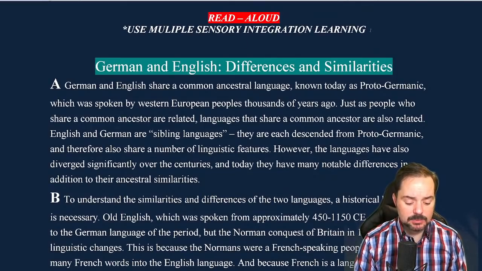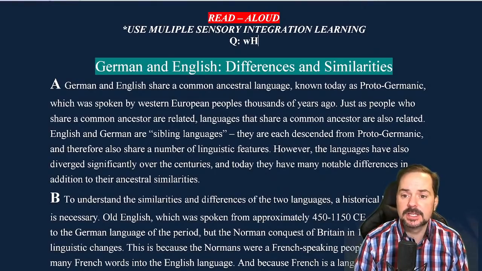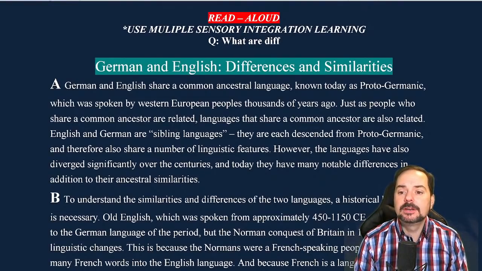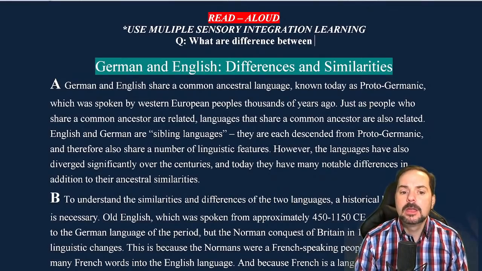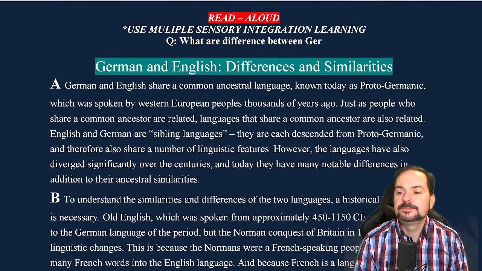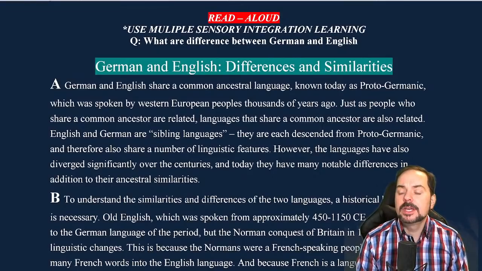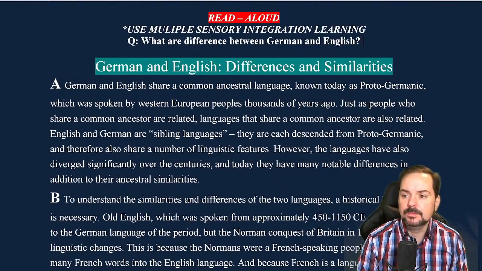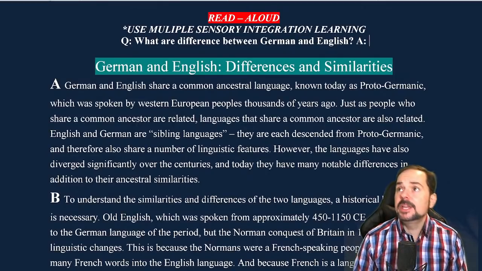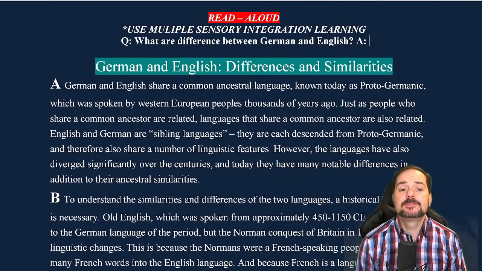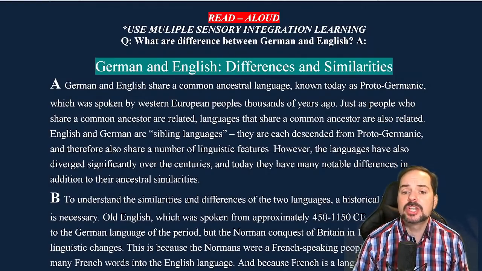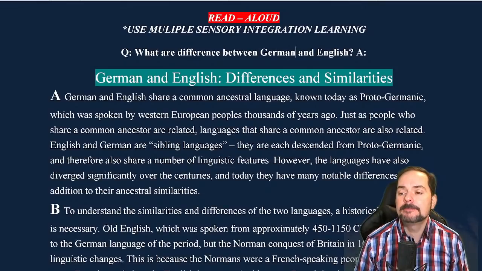So I want to ask some questions, and a question that I can ask here, for instance, is what are differences between German and English? Okay, so here I'm just predicting the passage. All right. What do you think, everyone? What are some differences between English and German? Okay.